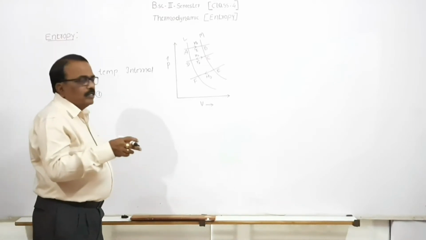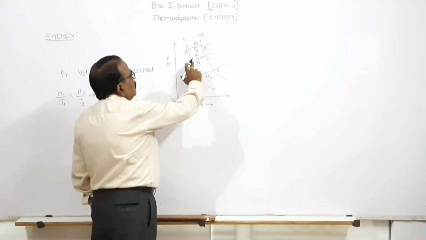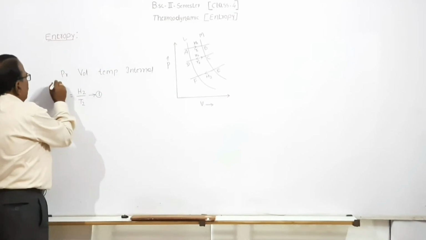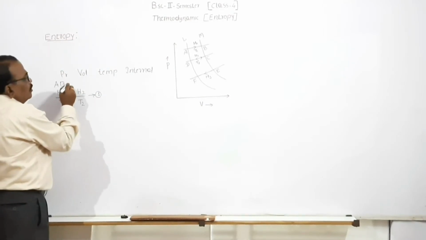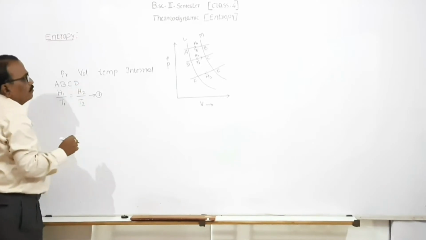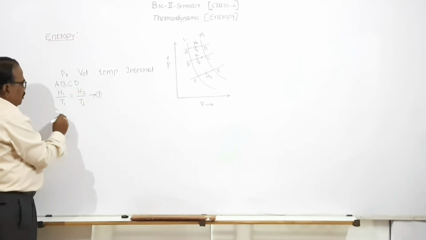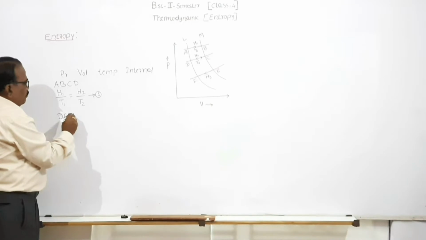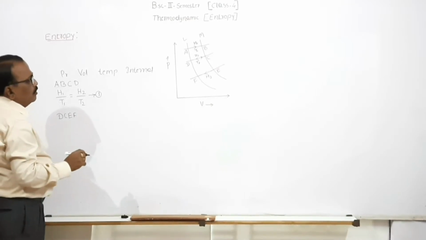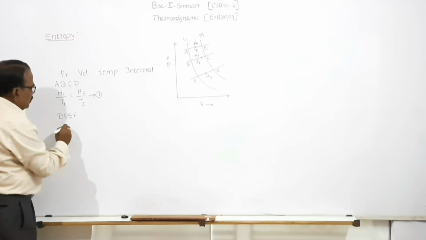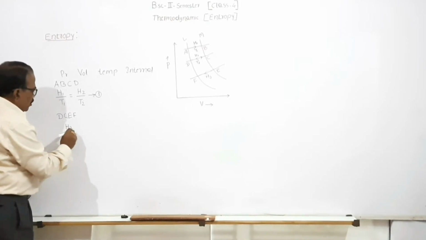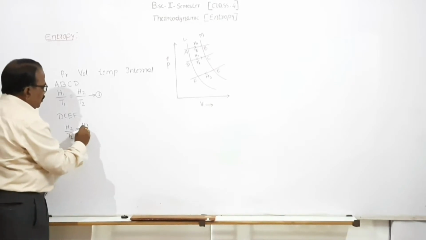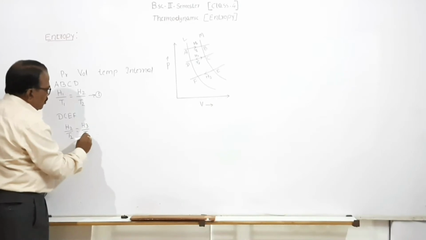It is a reversible cycle. Consider another cycle D, C, E, F. For DCEF, H2 upon T2 is equal to H3 upon T3.